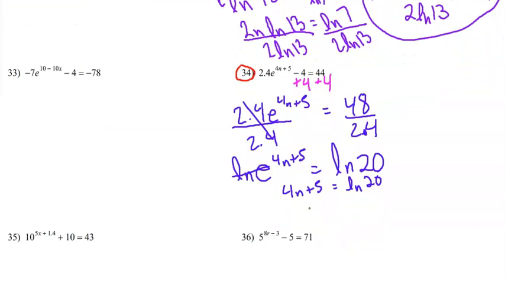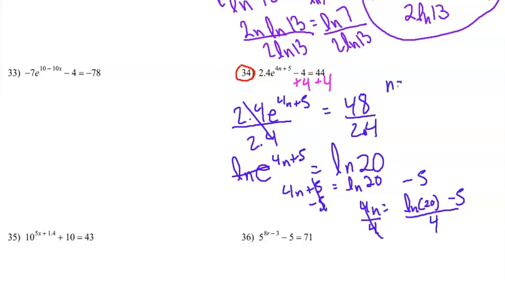From there, we're going to subtract 5 from each side. So 4n equals ln of 20 minus 5. Divide each side by 4. So n equals ln of 20 minus 5, all over 4.